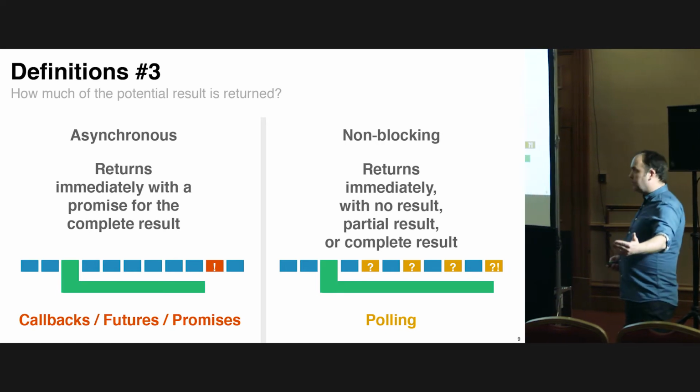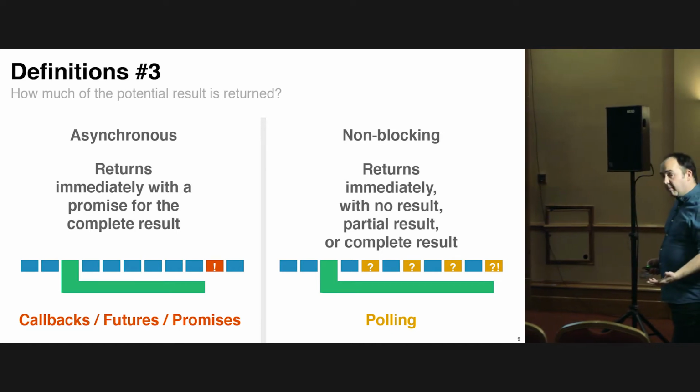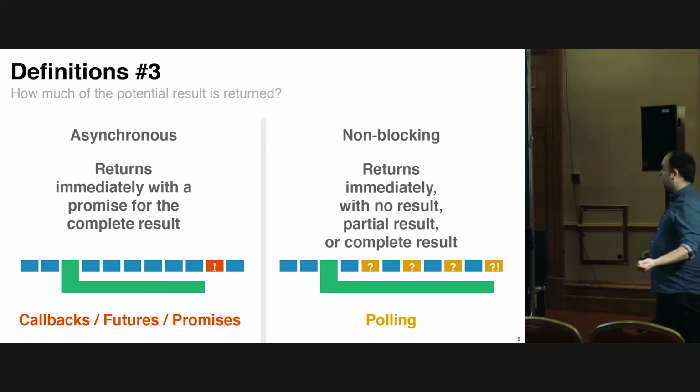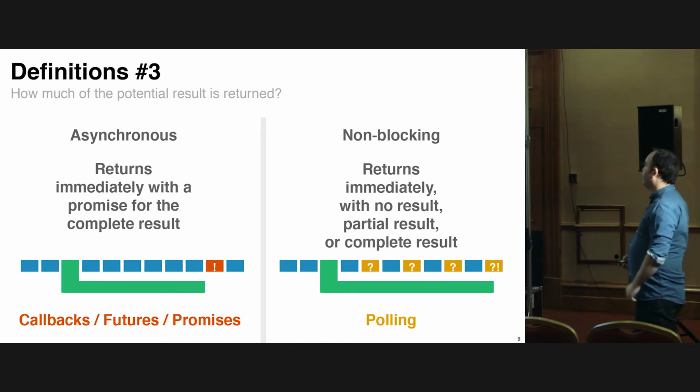It will essentially call us back or signal us in some way when that result has become available. Another way of achieving the same thing is non-blocking behavior, which returns immediately without a result, maybe with a partial result, or even the complete result. But if we don't get the complete result, we then go back and we poll until the result we want has become available, assuming it does become available.